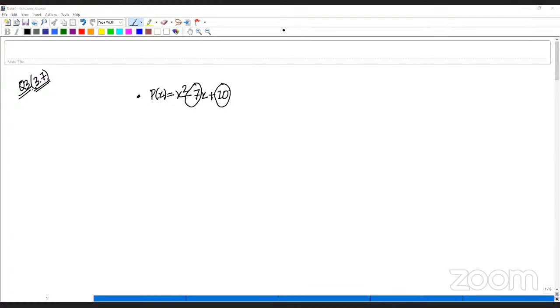So what is the obvious guess? Sir, 5 and 2. 5 plus 2 is 7, so minus 5 and minus 2. So the intercept form is x plus 5 into x plus 2.